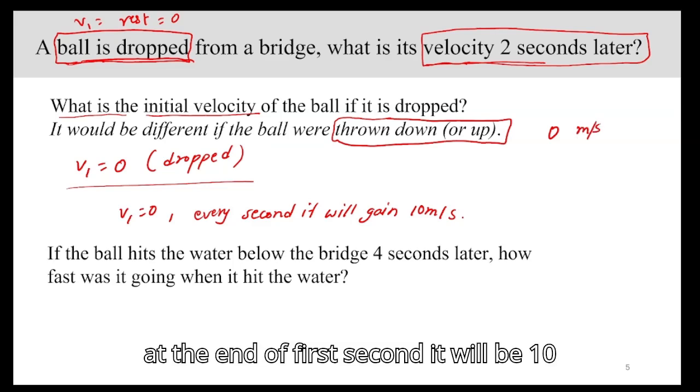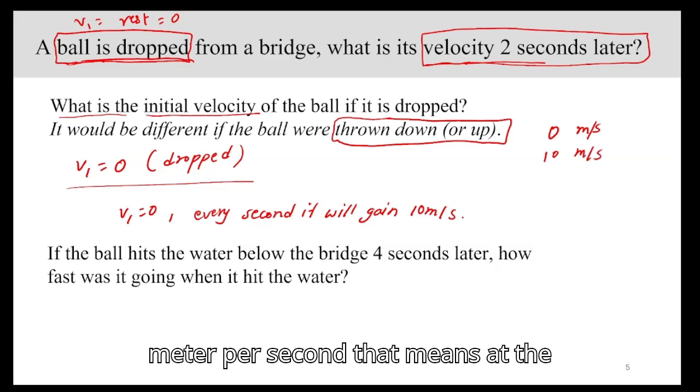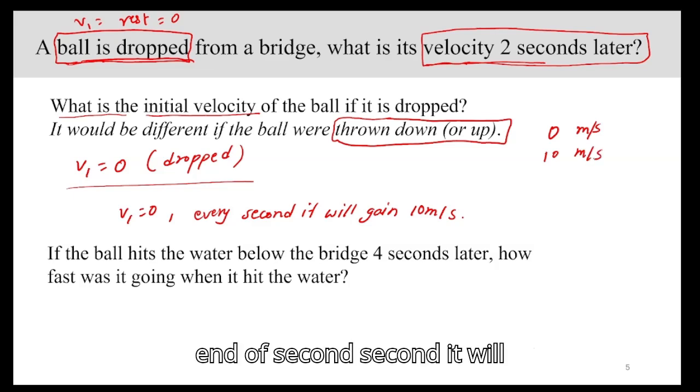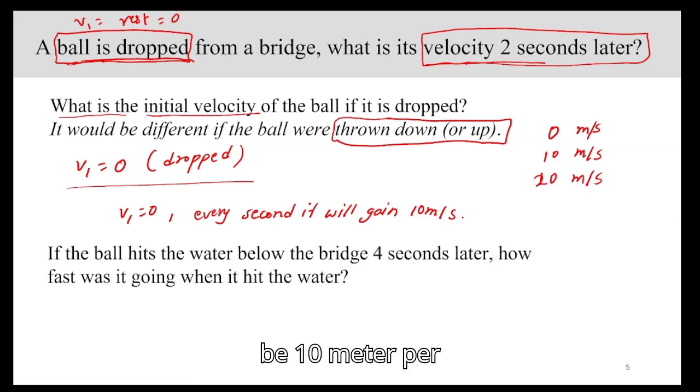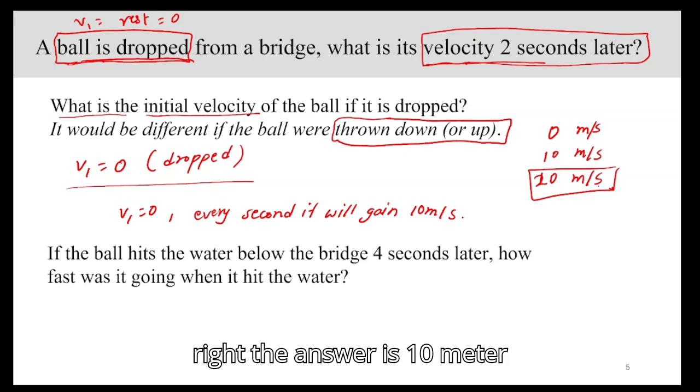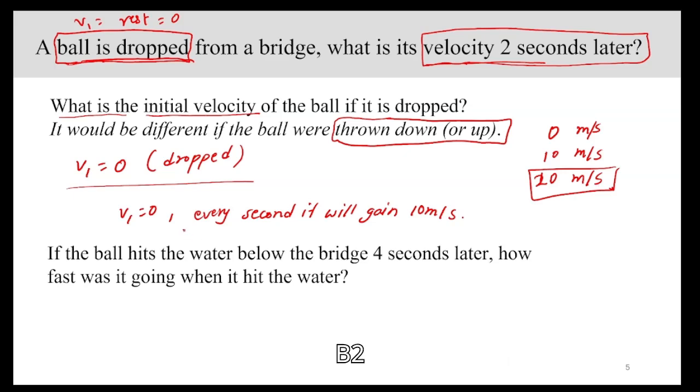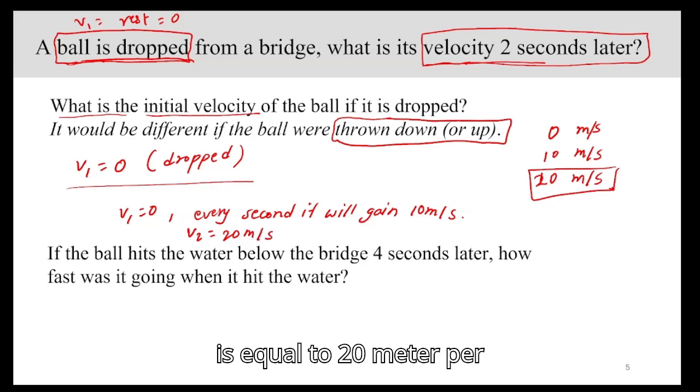At the end of the first second it will be 10 meters per second. That means at the end of the second second it will be 20 meters per second, right? The answer is 20 meters per second. So v2 is equal to 20 meters per second.